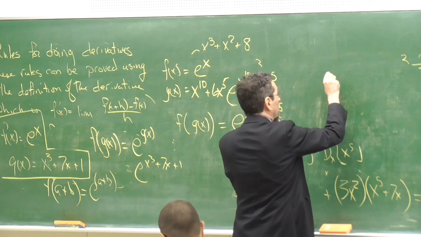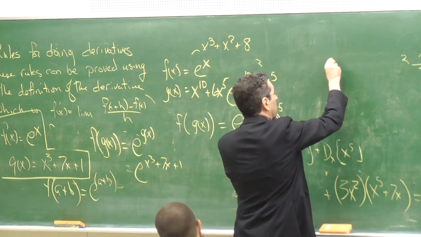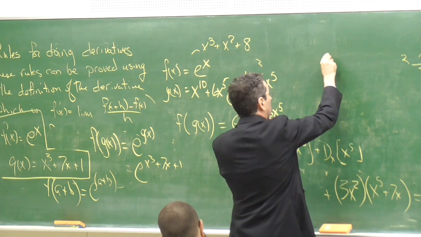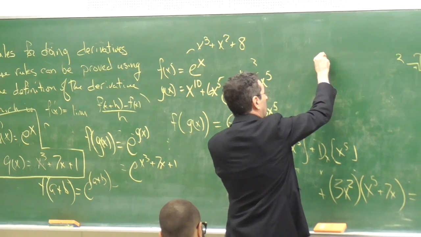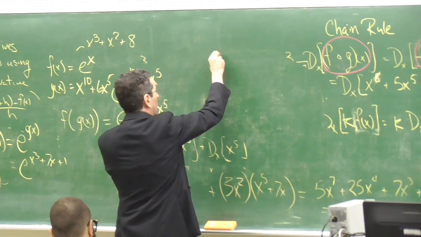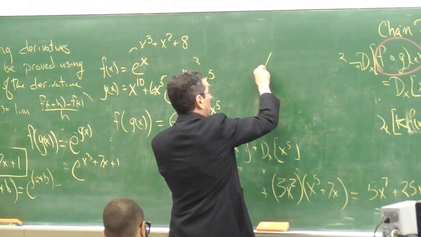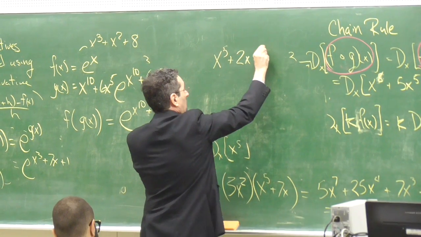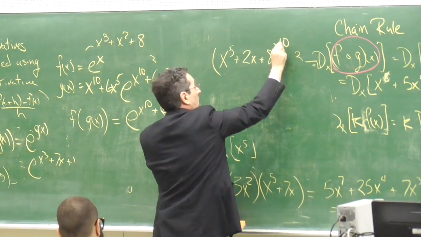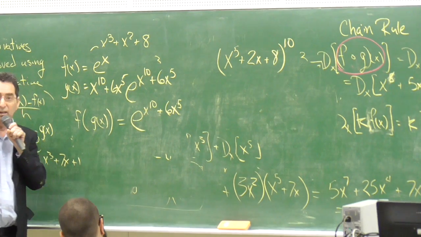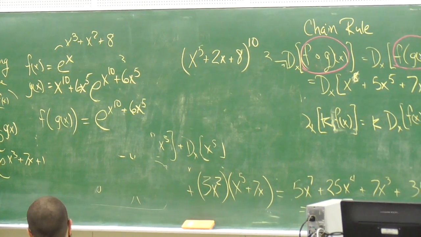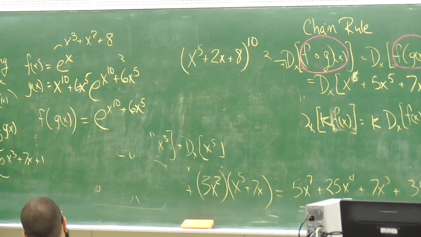Suppose we have a function like, okay, how about this one? Maybe you won't get this one at first, but if you use the language of outside function and inside function, that might give it away.